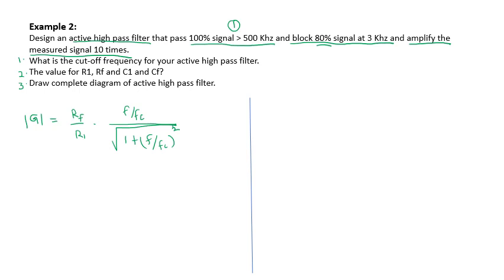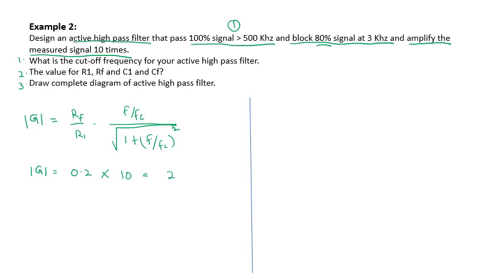When it says that it blocked 80%, it means the gain is equivalent to 0.2, because only 20% of the signal will pass through the filter and the other 80% is blocked by the filter. But since this is an active high pass filter, we must multiply by 10 because the amplification is 10, meaning the overall gain is actually 2.